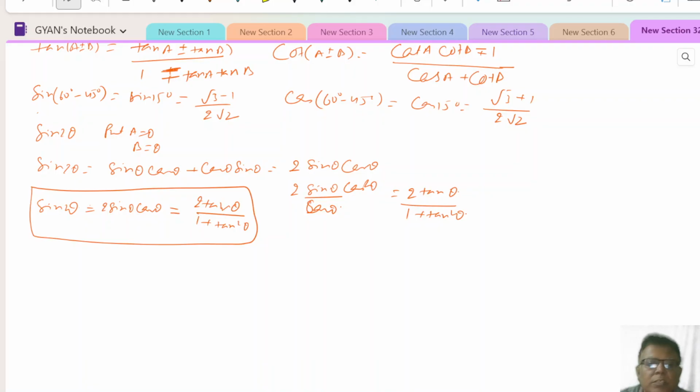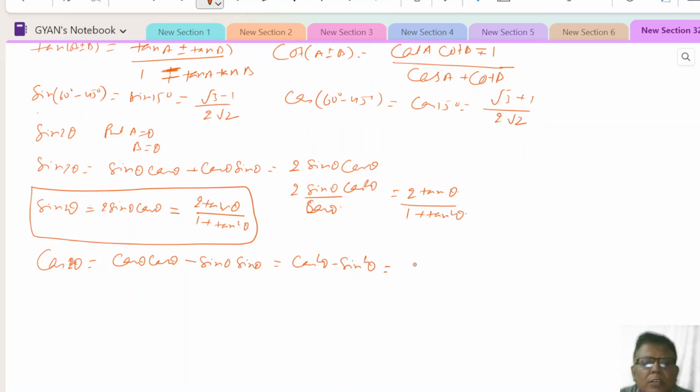So now cos 2 theta is equal to, again putting in this formula, cos theta into cos theta minus sin theta into sin theta, that is equal to cos square theta minus sin square theta.